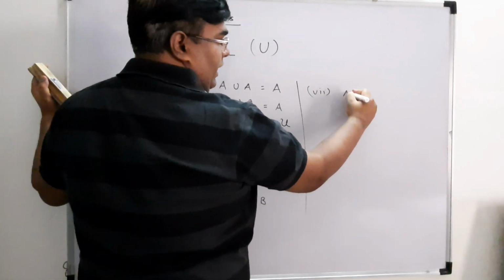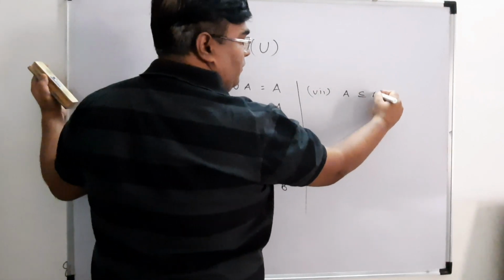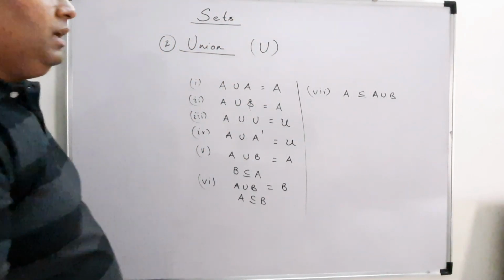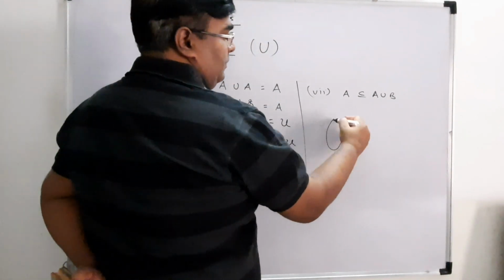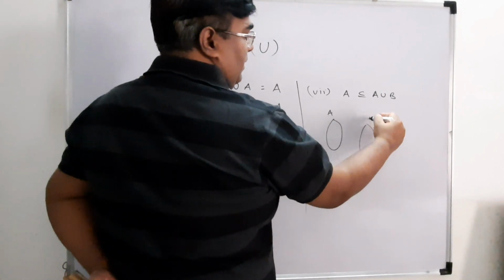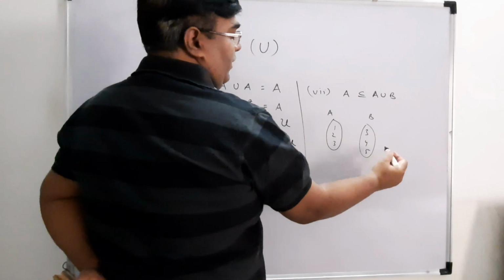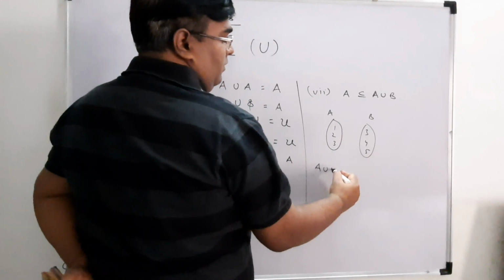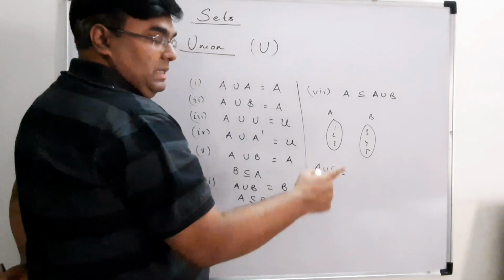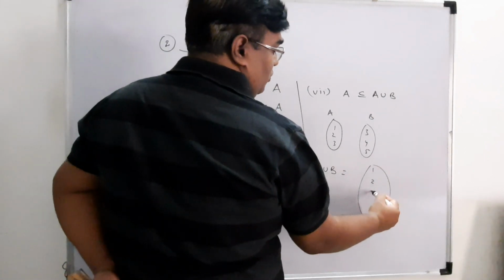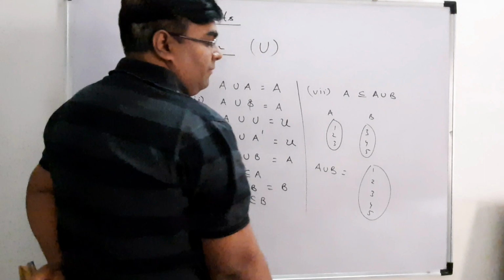What else? A is always a subset of A union B. For example, suppose A and B are 1, 2, 3 and 3, 4, 5. If I make the set A union B, it will be 1, 2, 3, 4, 5.